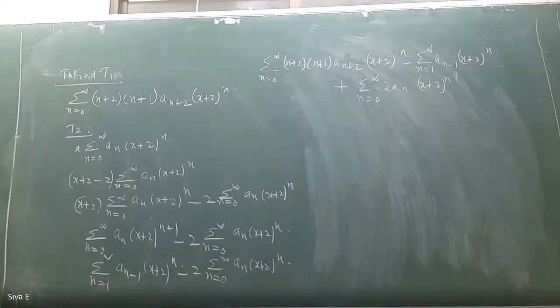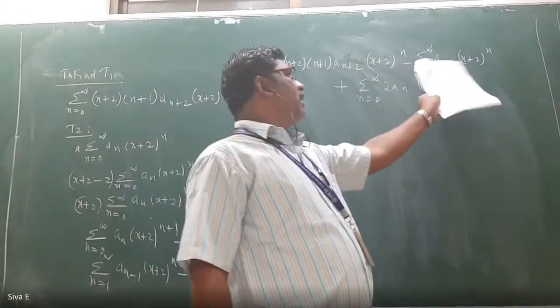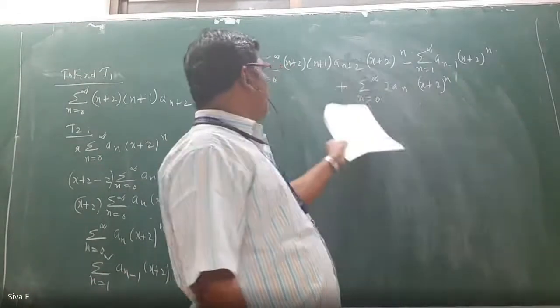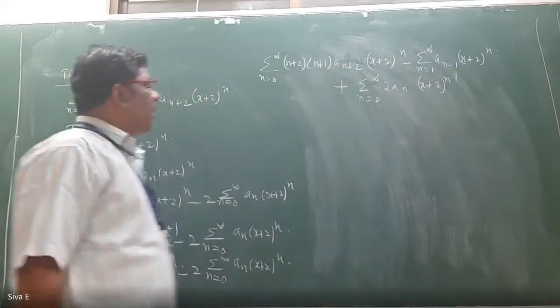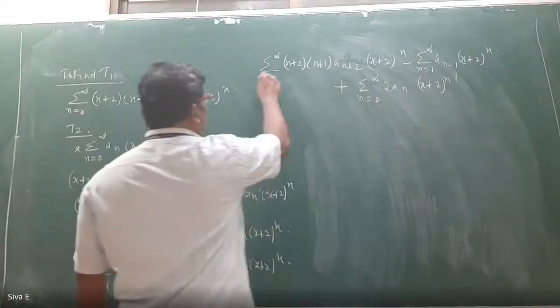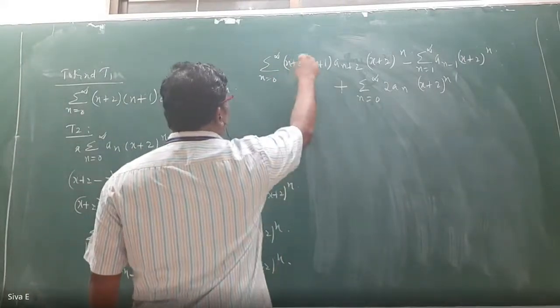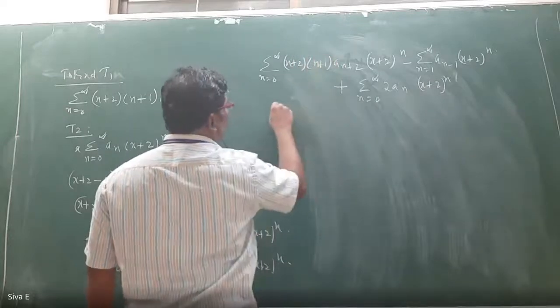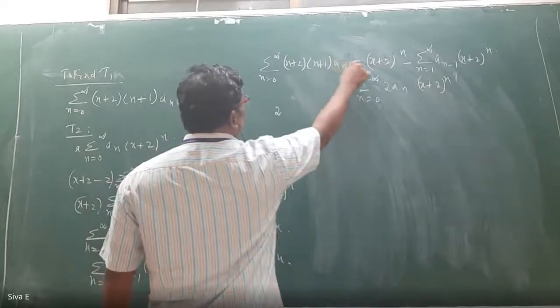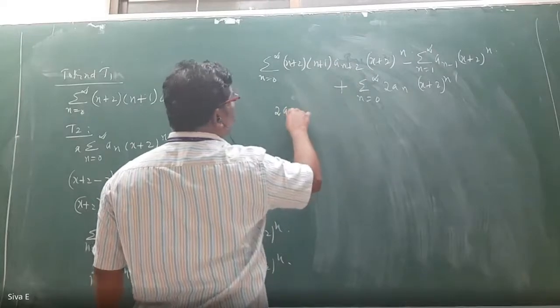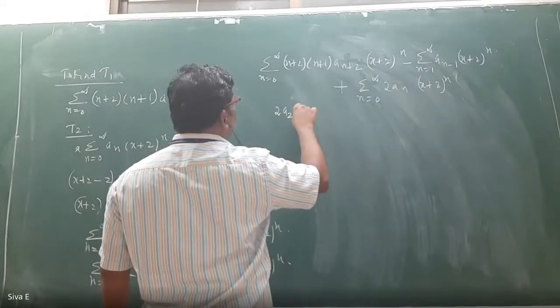What is the next step? Everything should be starting with the same index. That means n equal to 1 to infinity. N equal to 0 means we are not able to write for n equal to 0 for this term, but we can write these two terms as n equal to 1 to infinity. So n equal to 0 means what? N equal to 0 means 2a2 (x + 2)^0.